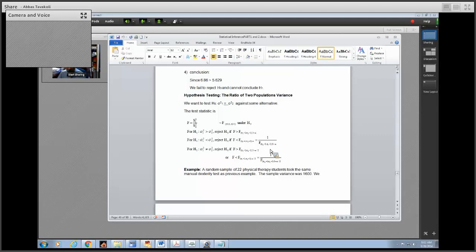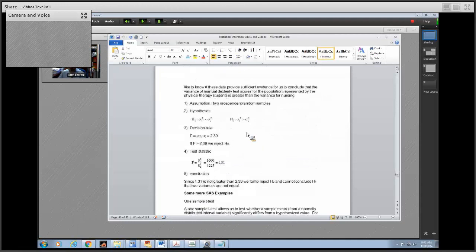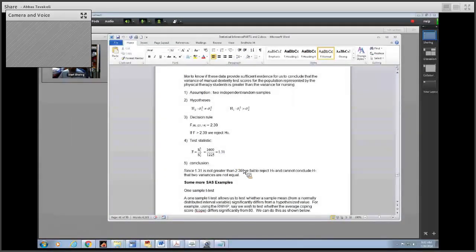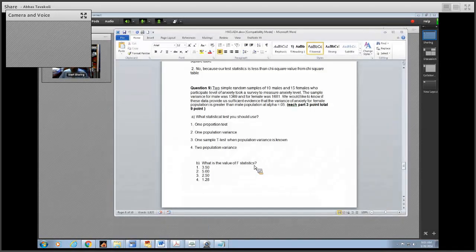Now, for one side, you have to look at the F table, and if your statistic is greater than F with n1 minus 1 as the numerator and n2 minus 1 as the denominator, 1 minus alpha. However, if it's less than, then you have to convert this to 1 over F with the degrees of freedom reversed, and find it. If you look at the example I have, it will help you understand.